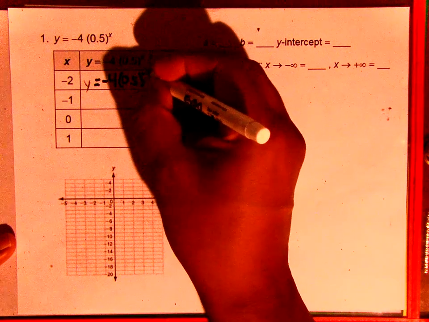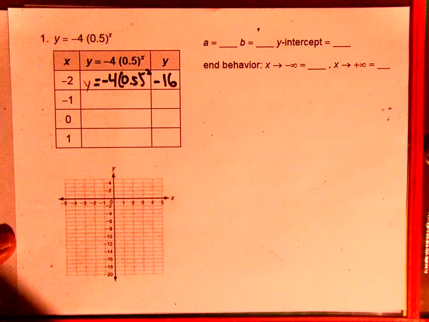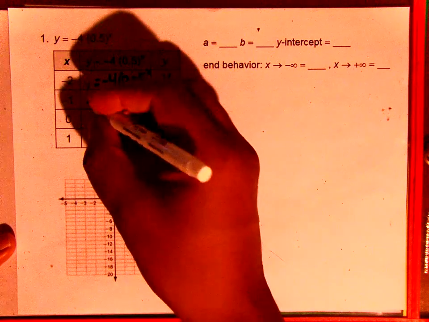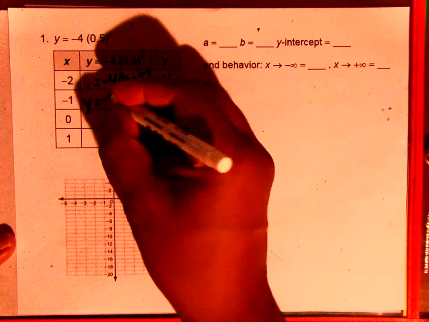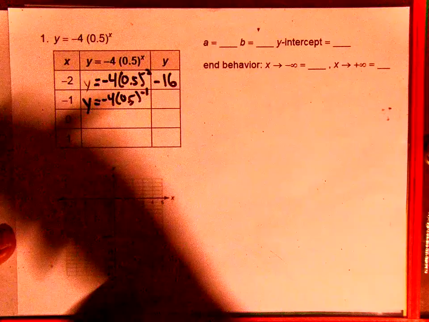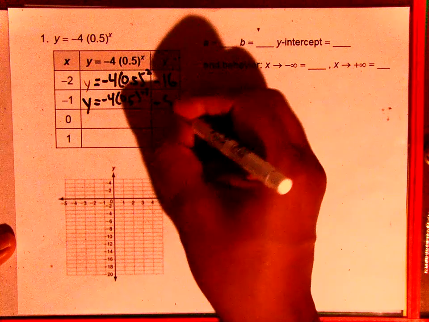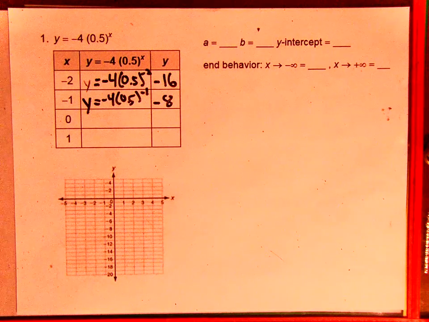So I'm plugging in negative 2 for my x, and when I do that, I get negative 16. When I plug in negative 1, I get negative 8.